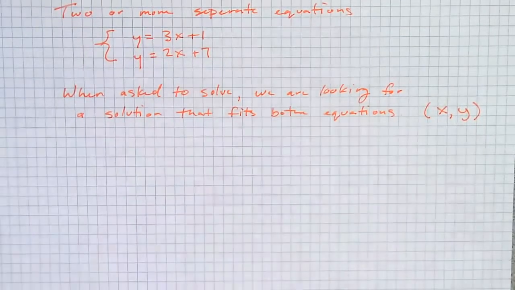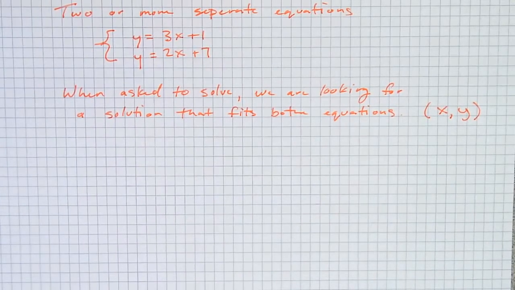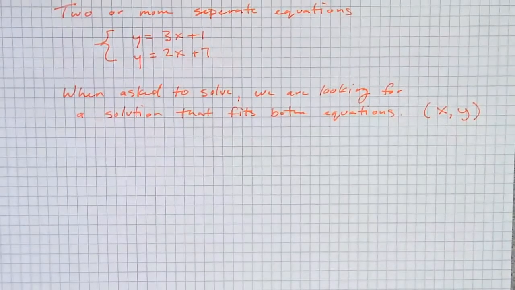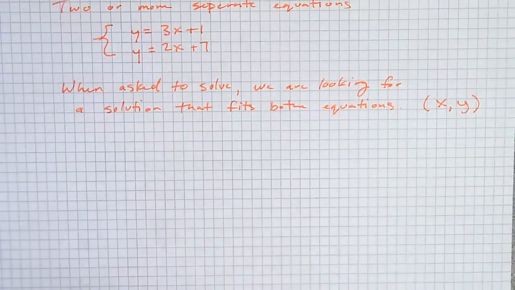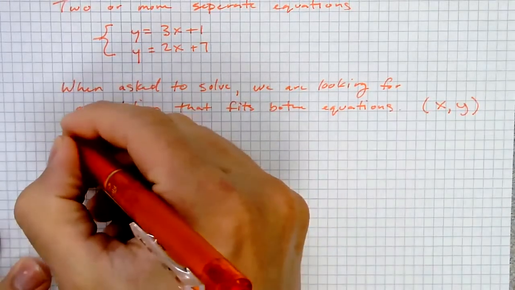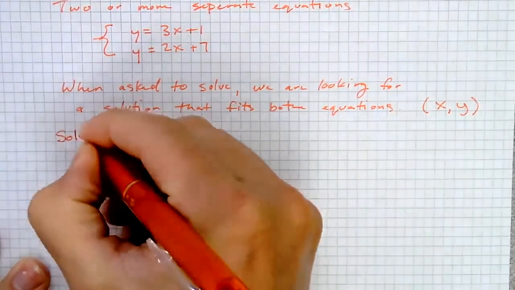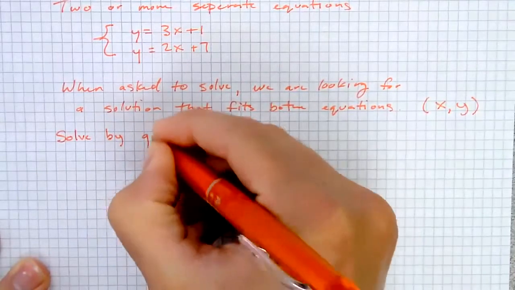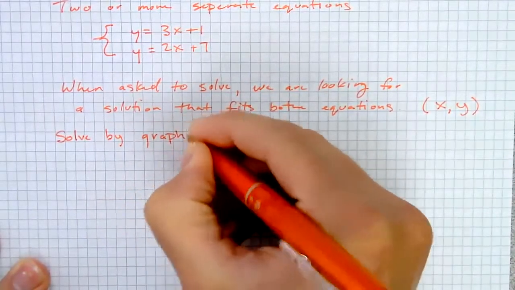So let's take that first one that I just made up, for example. The easy way to solve this, and we're going to go through 3 different ways to solve them, the first one is going to be solve by graphing.